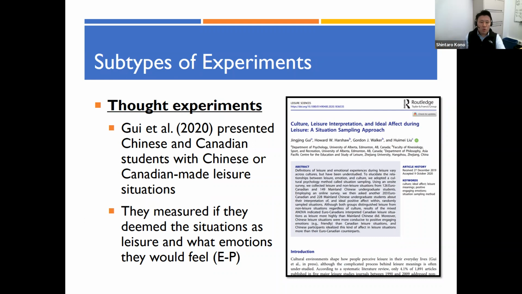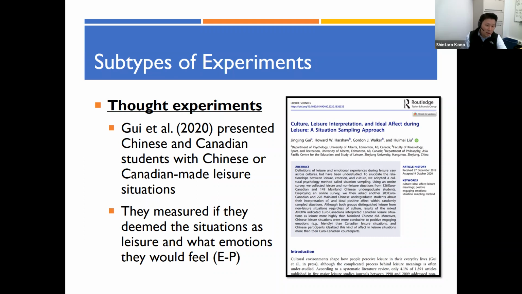Now, this represents the benefits of thought experiments, because if we wanted to do this in the real world, we would have to bring those Chinese students, for example, from China to here, and let them experience Canadian leisure, and ask whether that feels like leisure or not, what kind of emotion they're feeling.